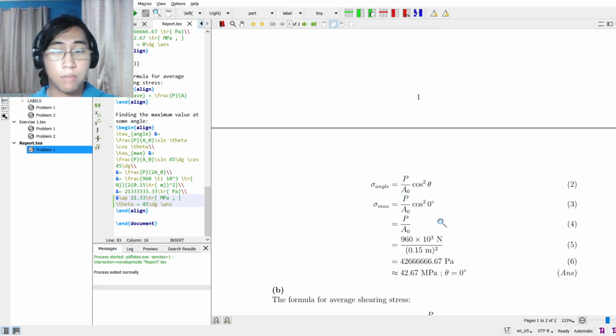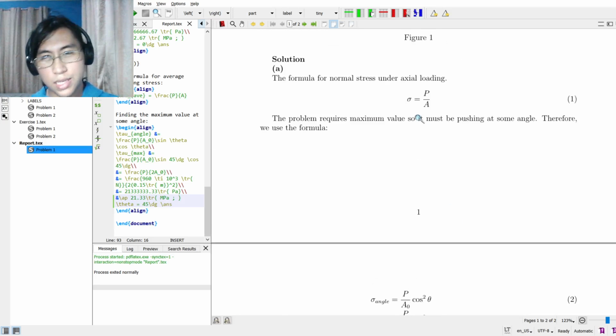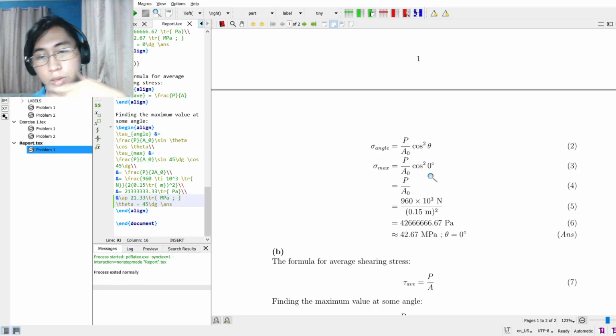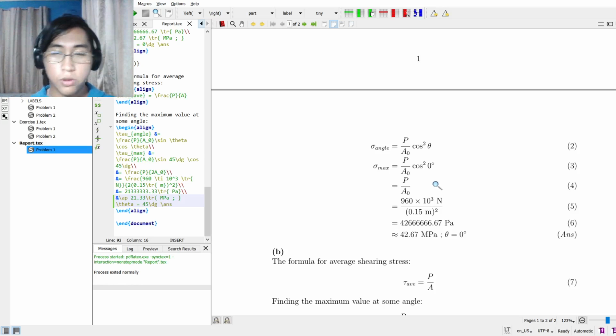Now doing the math here, cosine squared 0 is 1, so that's your final formula for your maximum normal stress. This is your general formula, P over A naught. So it's quite similar to our original formula, but this one is different if you consider the process.